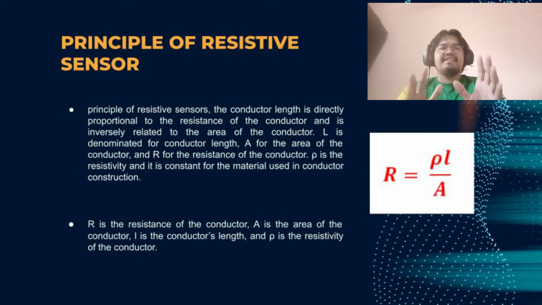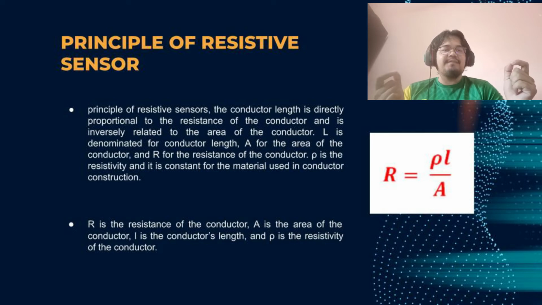The conductor length is directly proportional to the resistance of the conductor and is inversely related to the area of the conductor. L is for conductor length, A is for the area of the conductor, and R is for the resistance of the conductor.